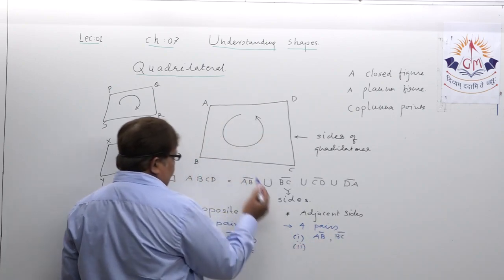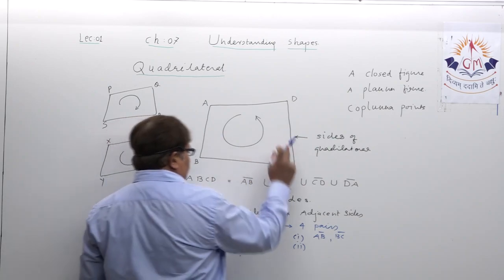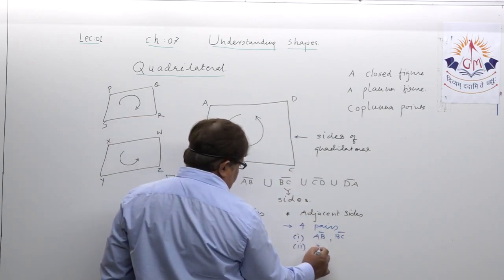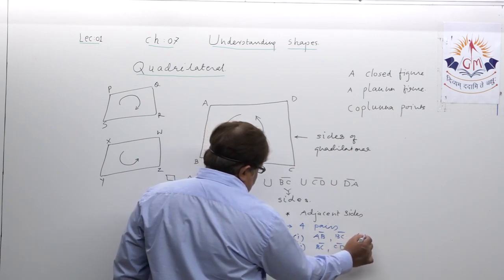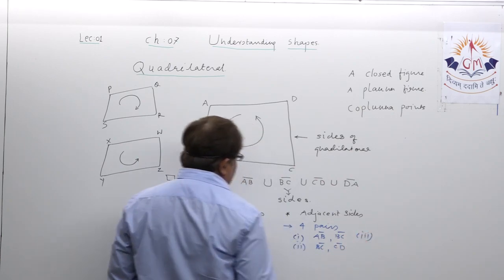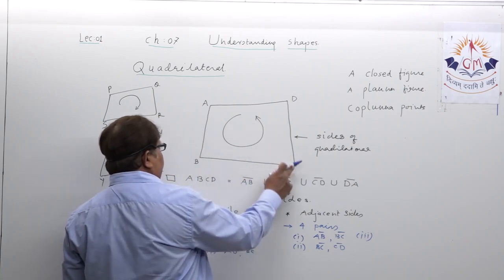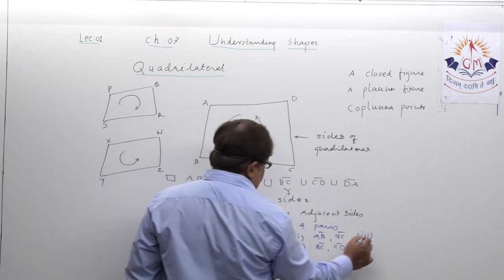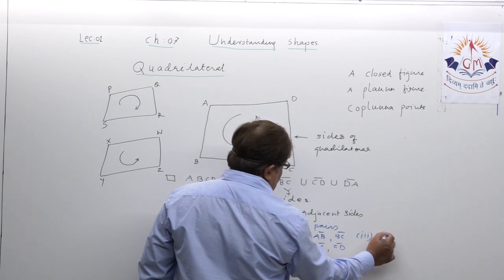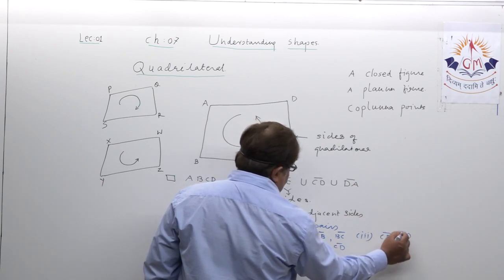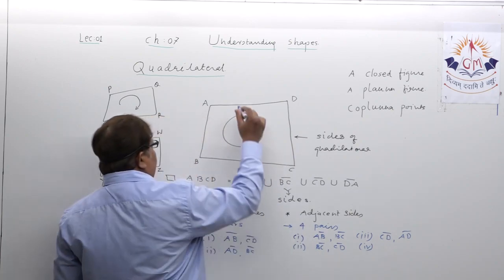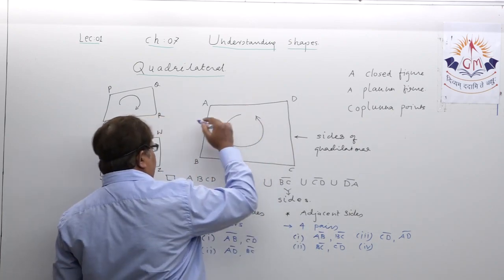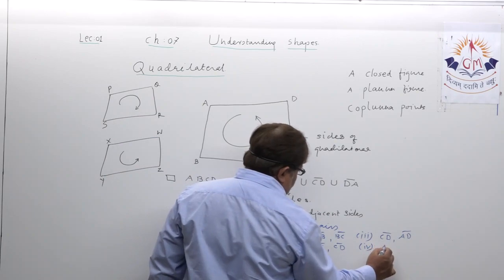Second pair of adjacent sides, BC and CD. Third pair, CD and AD. Fourth pair, AD and AB.